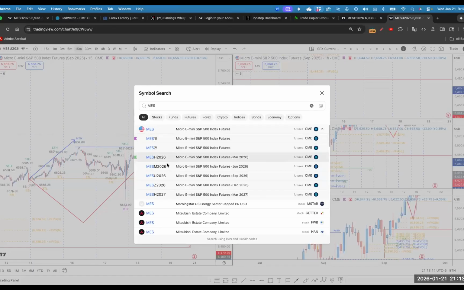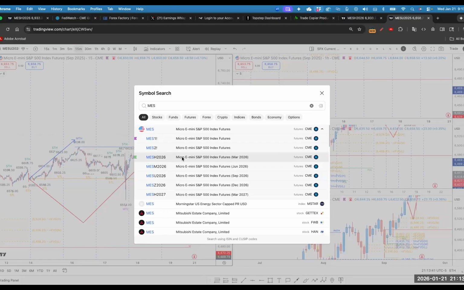But I stopped doing that, and when I switch over to the next contract, I just go ahead and mark that one up too, because I can always go back and look at that. And then I just want to make sure that I'm trading with the correct numbers, because the numbers from the continuous contract and the current contract are different, right?